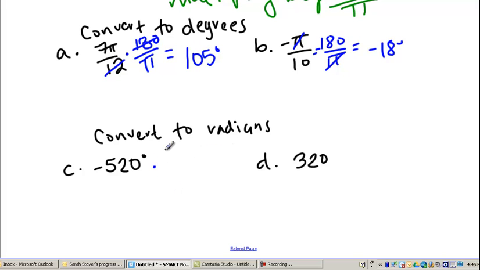And then to convert to radians, all we do is we take pi over 180 and you multiply straight across. Remember what I told you? You're just going to multiply straight across. Make sure we keep it fancy. 26 pi over 9, and it's negative 26 pi over 9.